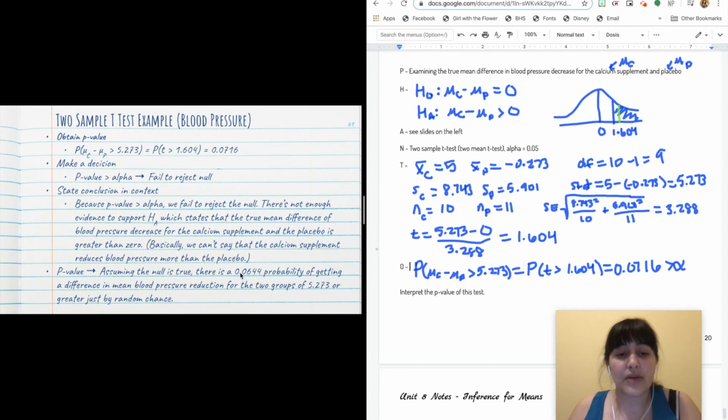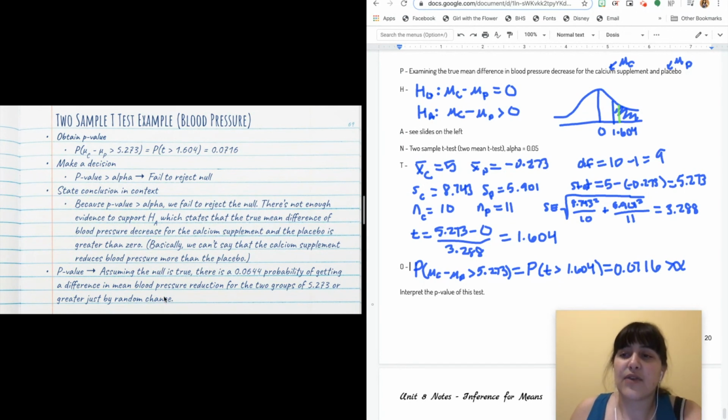So the probability, the p-value you got, there is about a 7% chance or probability of getting a difference in mean blood pressure reduction of, and then you put your statistic, not your t-value, my apologies. So it's this one, the 5.273, for the two groups of 5.273 or greater just by random chance, right?